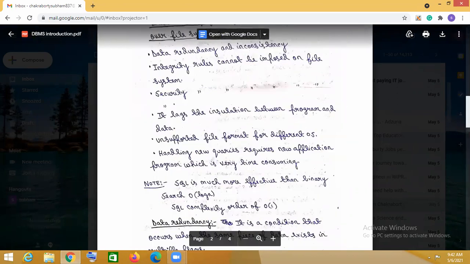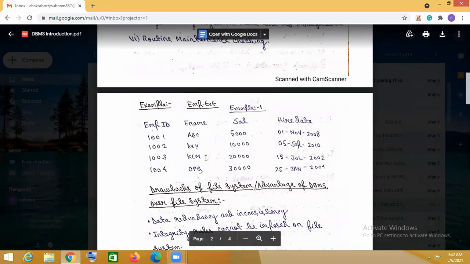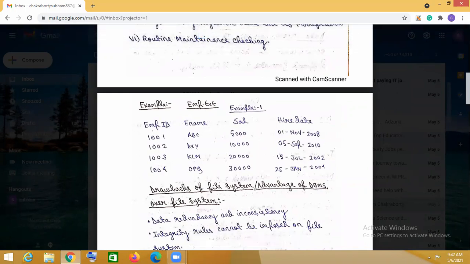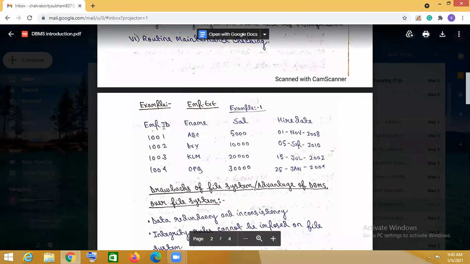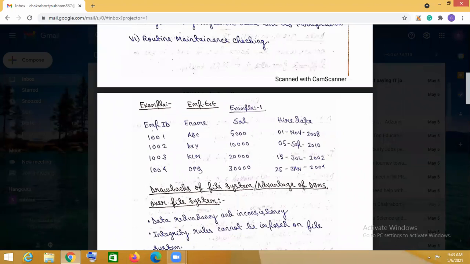The number of attributes present in a relation or a table defines the degree of the relation. Here this is an attribute, this is also an attribute, and this is also an attribute. So here you can see employee ID, ename, sal, and hire date. These four attributes are present.